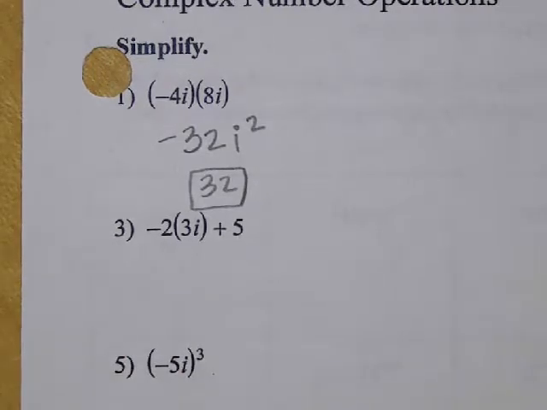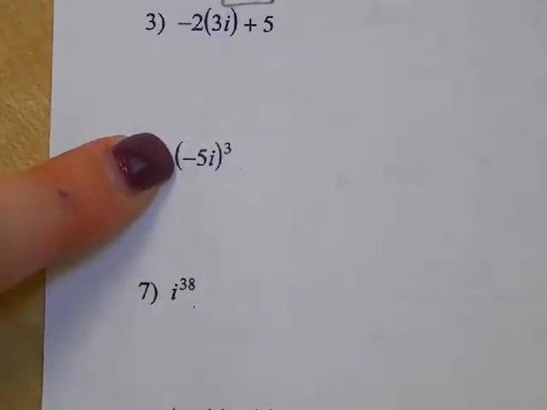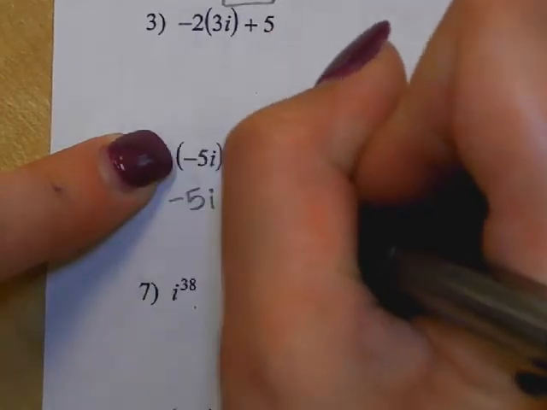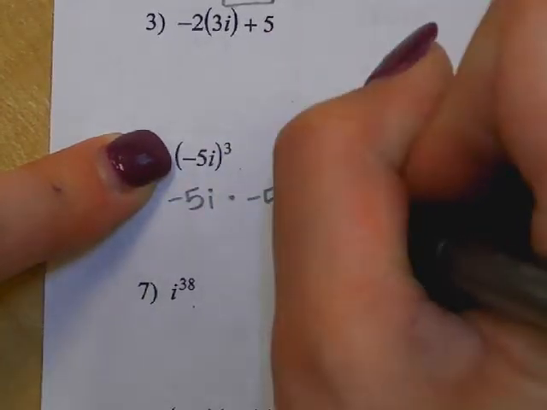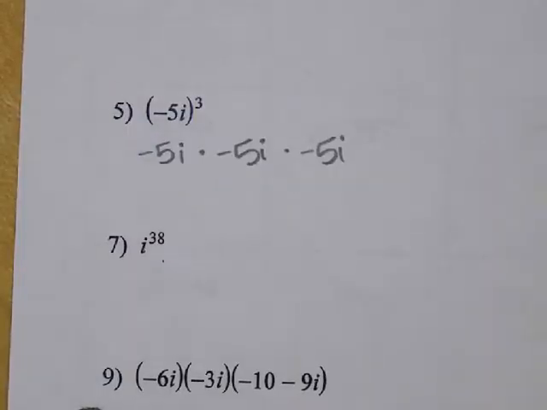That wasn't bad. Let's look at number 5. It says negative 5i to the third. So how many times should I write negative 5? 3 times. I have negative 5i times negative 5i times negative 5i. What is negative 5 times negative 5 times negative 5?